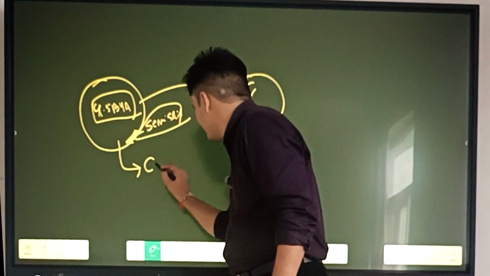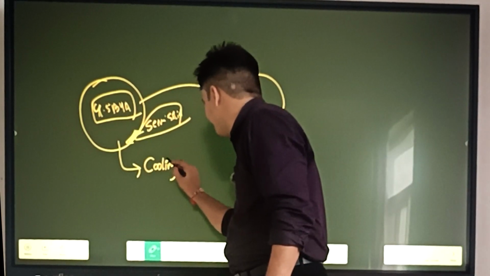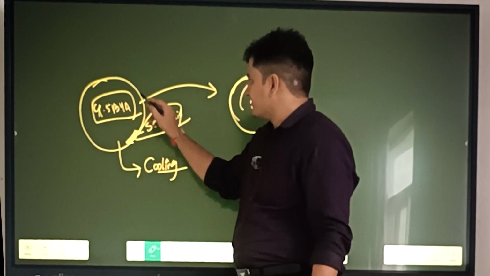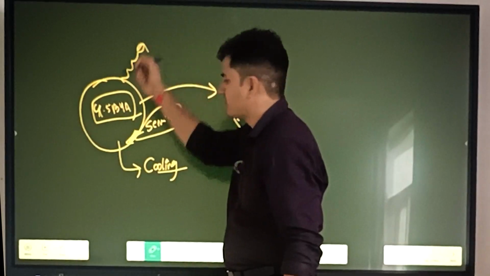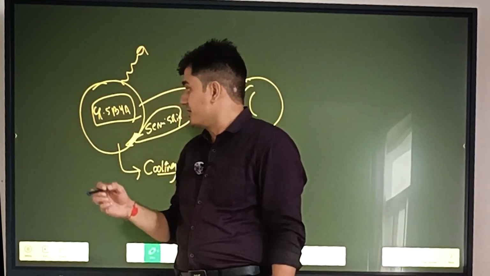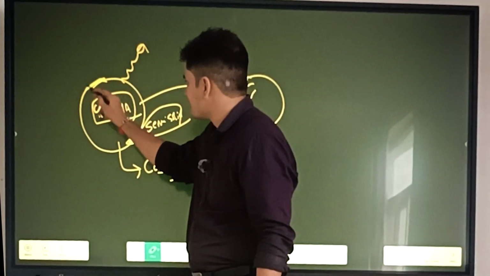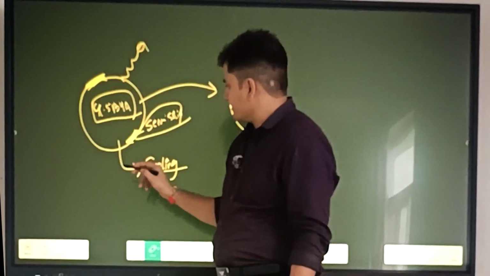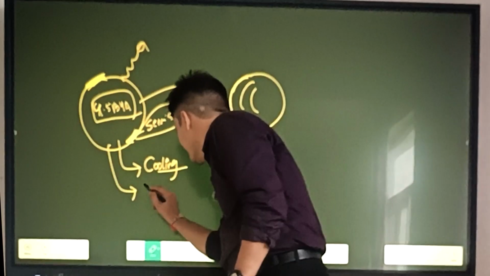There was a process of cooling. The cooling process radiates heat outward of the surface, and this results in the solidification of the surface of the earth. And the second process was the density adjustment.